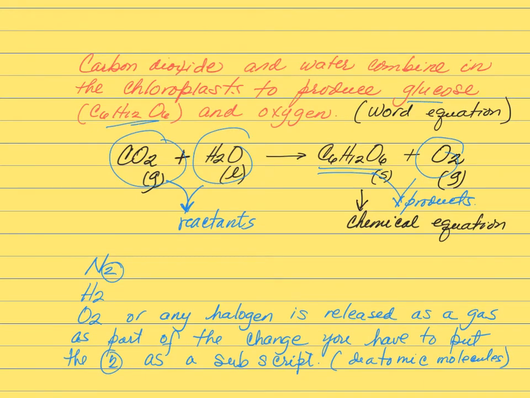When oxygen, nitrogen, hydrogen, bromine, fluorine, or chlorine is released as part of the products, you put the 2 down there as a subscript because they form diatomic molecules. Questions about that? Another one?